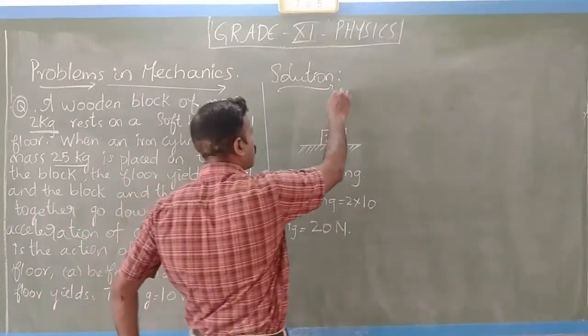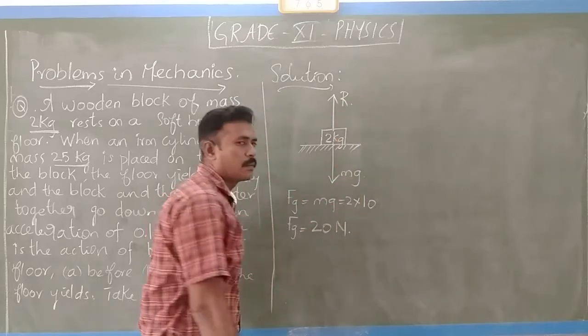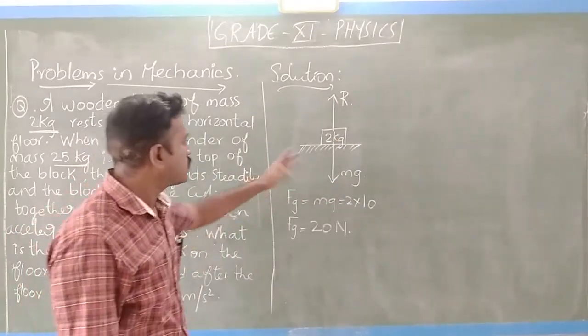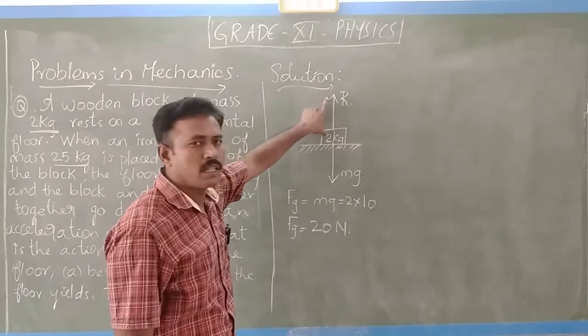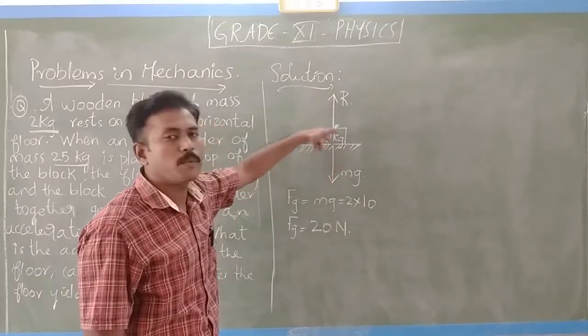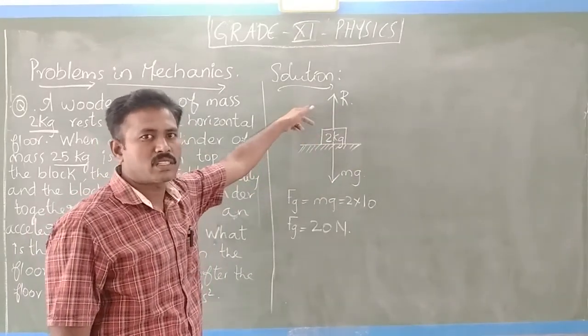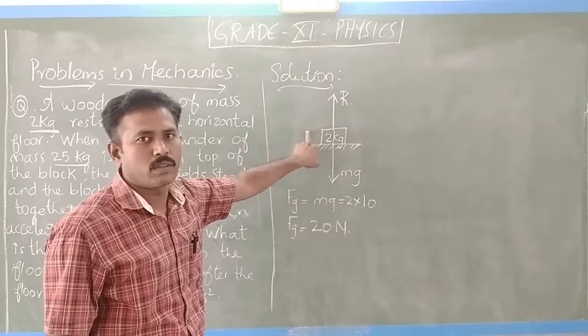That is R. The reaction force is, by Newton's third law, equal to this. The value of this mg will be equal to the equal and opposite reaction. Okay? With equal and opposite reaction it can be static. Clear?